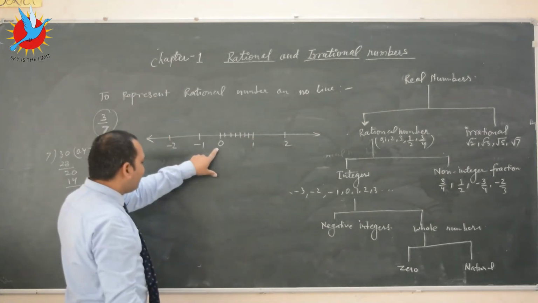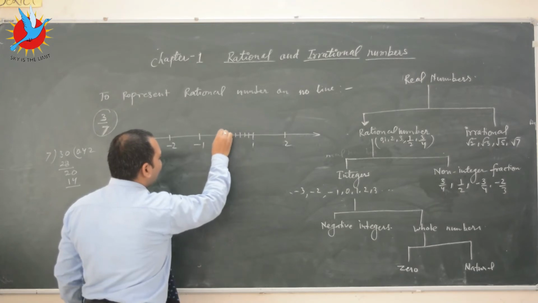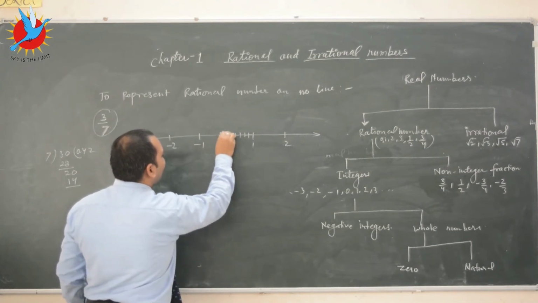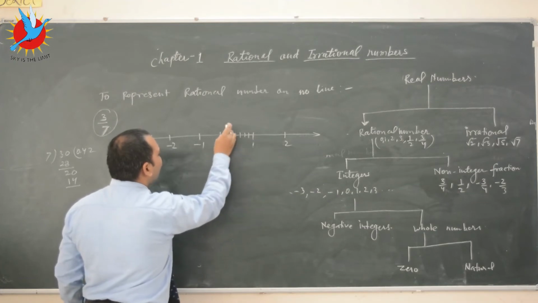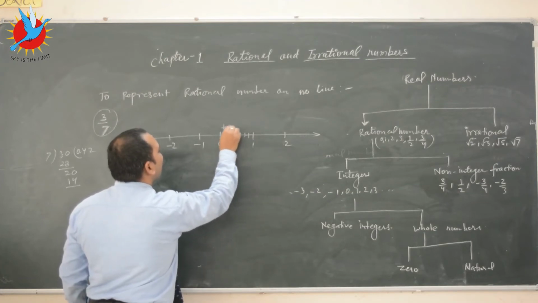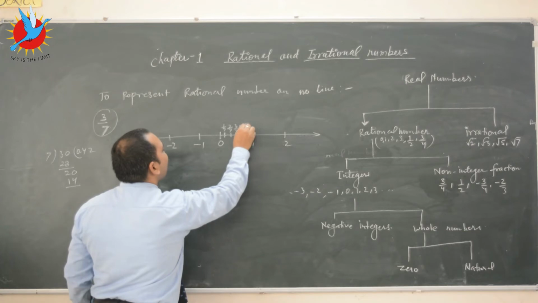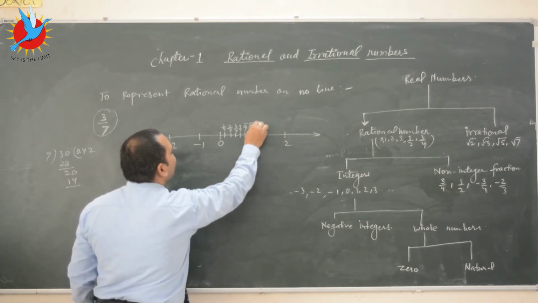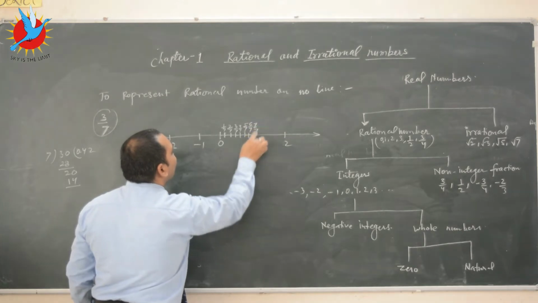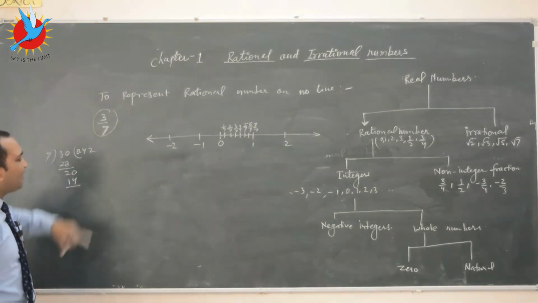So this is 0/7, and the first part is 1/7, then 2/7, 3/7, 4/7, 5/7, 6/7, and ultimately 7/7, which is 1.